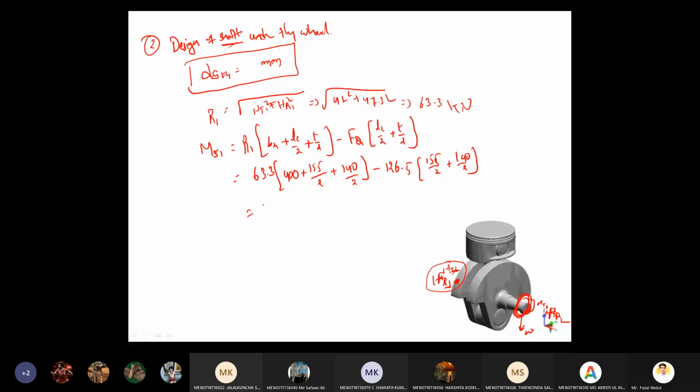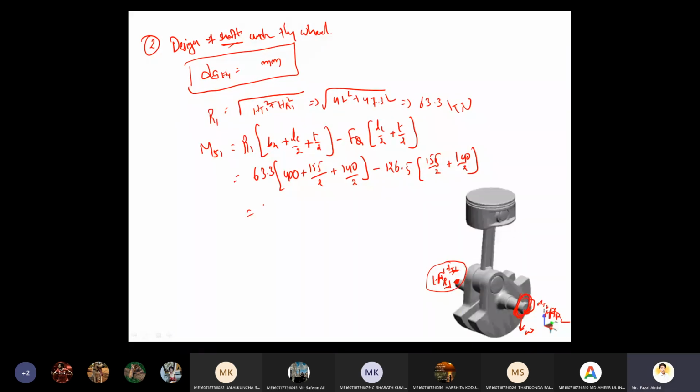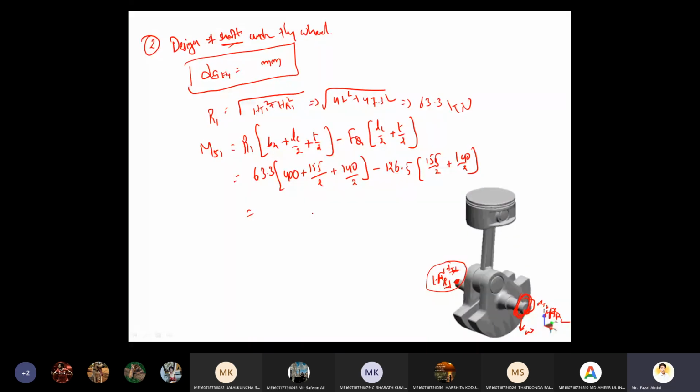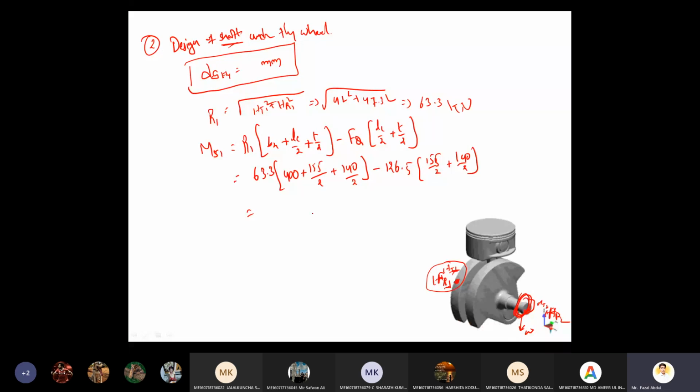Just calculate it. I don't have a calculator, Babu. You put it in the calculator and tell me the answer. How much is the answer? 16 into 10 to the power of 3 kilonewton mm.